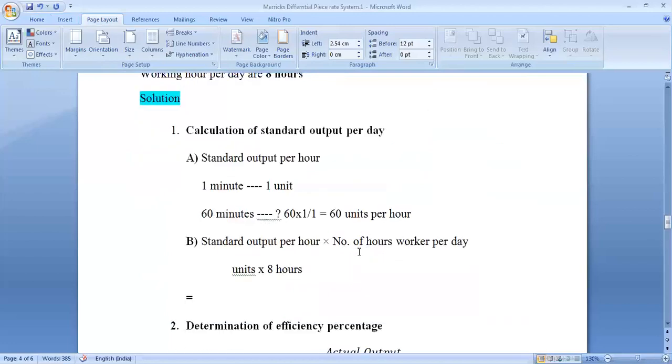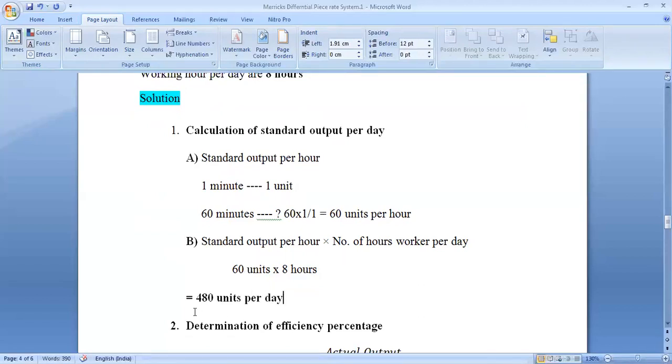The second sub-step in step 1 is to find out the number of units produced per day. He is producing 60 units per hour, and the number of hours worked in a day is 8 hours. That will give us 480 units per day.